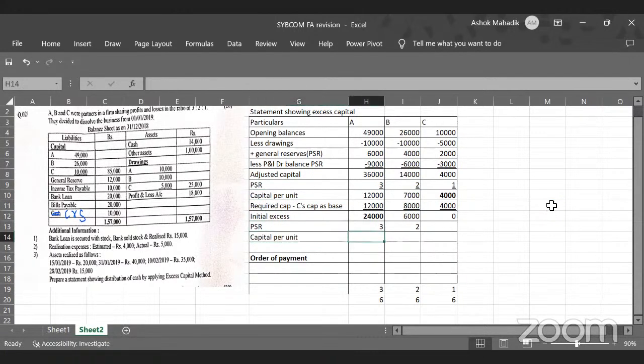We divide initial excess by PSR. Okay, so 24 divided by 3. Same way here, 6,000 divided by 2. Now we have to take whose capital as base? The least. Whose capital is least per share? B. So we'll take B's capital as base capital.